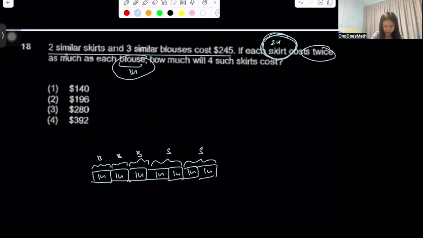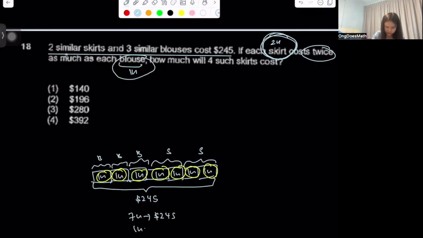Which means the total here is $245. So how many units is 245? Is 1, 2, 3, 4, 5, 6, 7. 7 units is $245. So 1 unit is just 245 divided by 7. Good. So that will be $35.